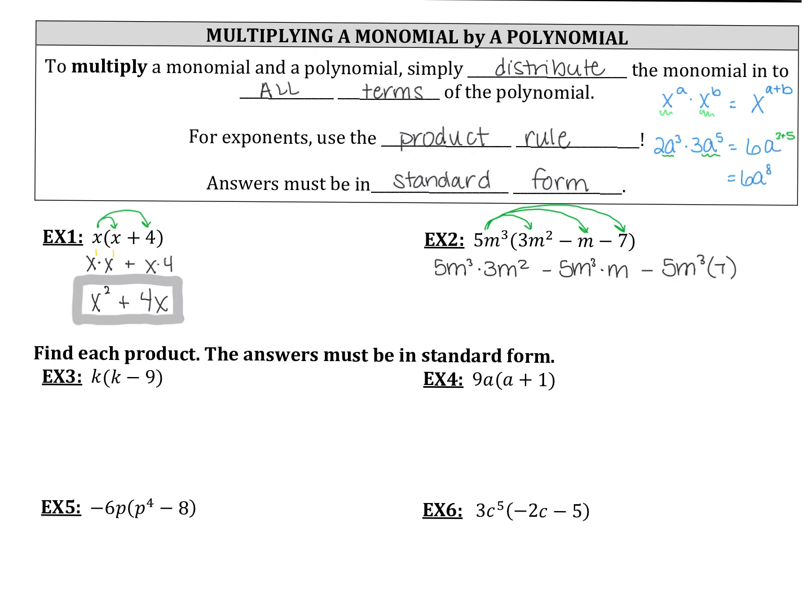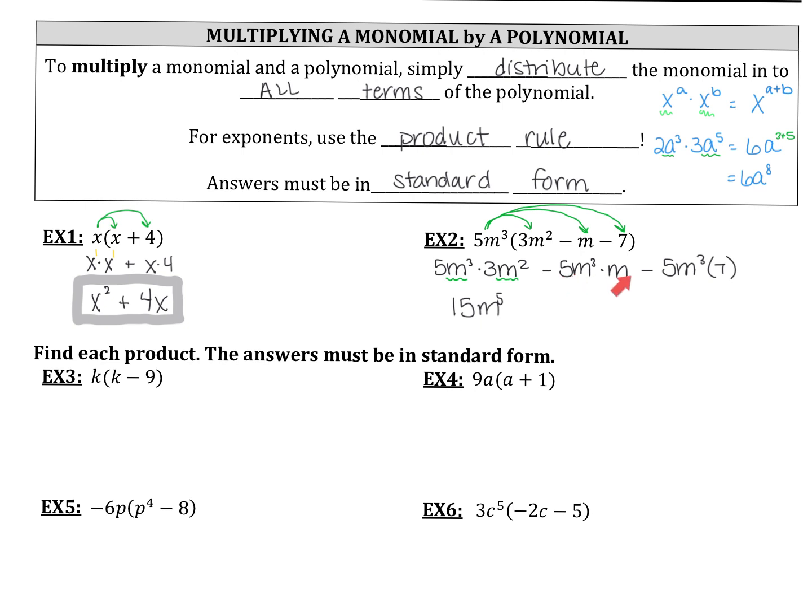Now, we should notice that this expression of 5m cubed times 3m squared looks an awful lot like the product rule example. And what I should also notice is that my bases are in fact the same, so I can multiply my normal numbers and then add my exponents. 3 plus 2 is 5.